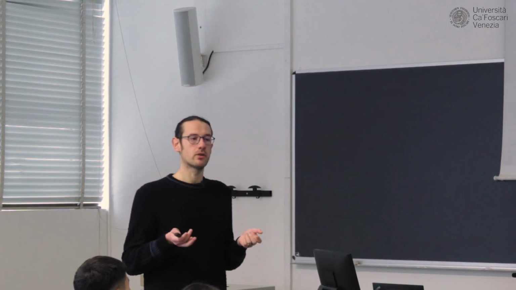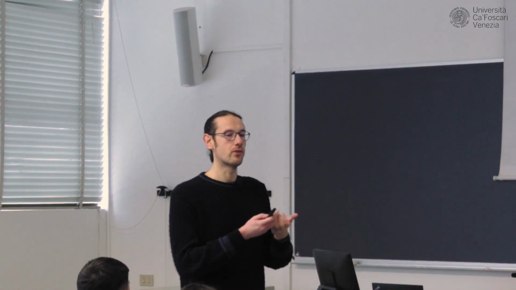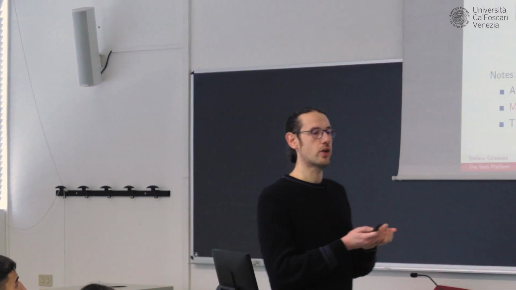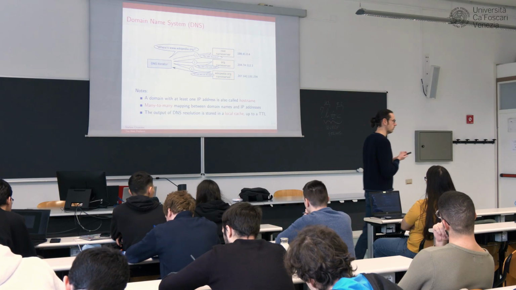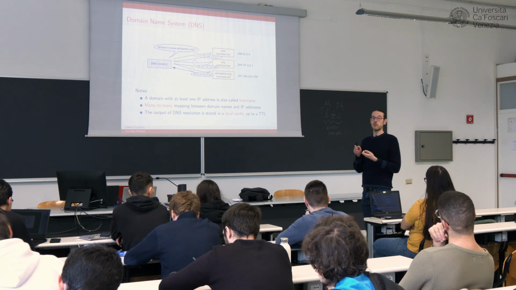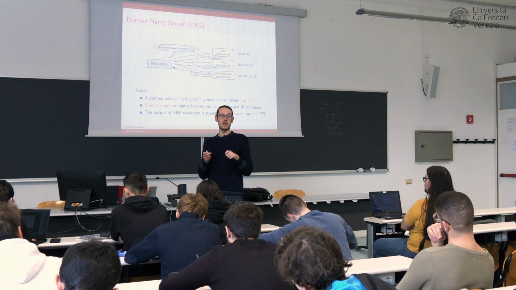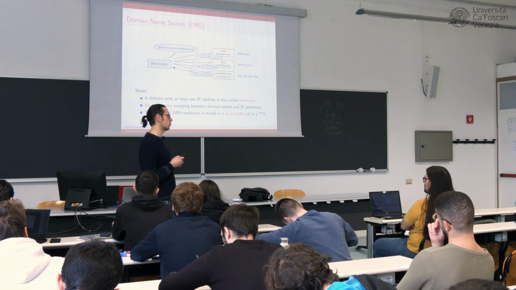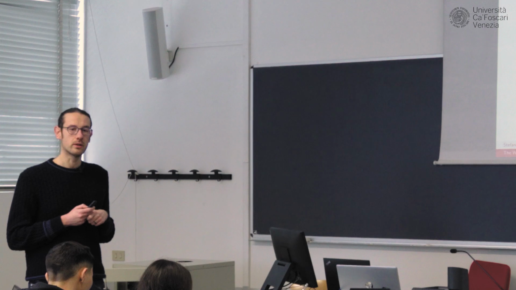So if you buy some machine, say on Aruba, Aruba is not going to give you one physical machine. The machine is shared with other people who buy domains on Aruba, and all the requests will be sent to the same IP address, so the same physical machine. And the same physical machine uses a specific header, which is called the host header, that we're going to introduce, to determine for which domain the request has been sent.